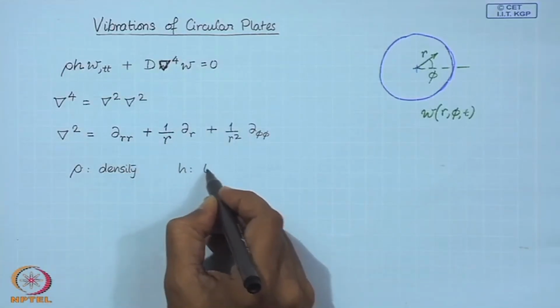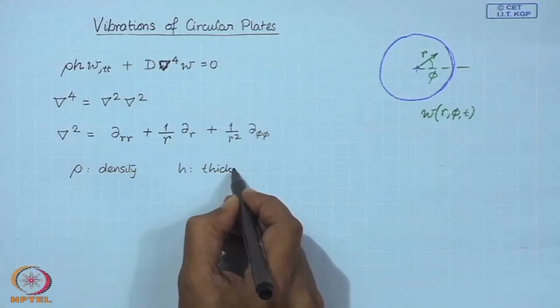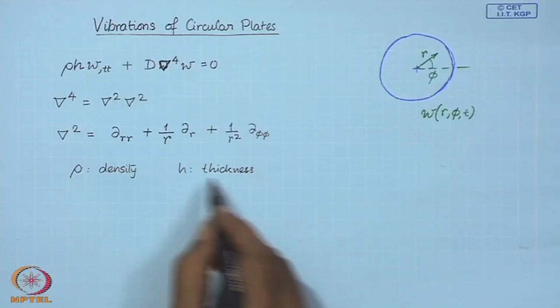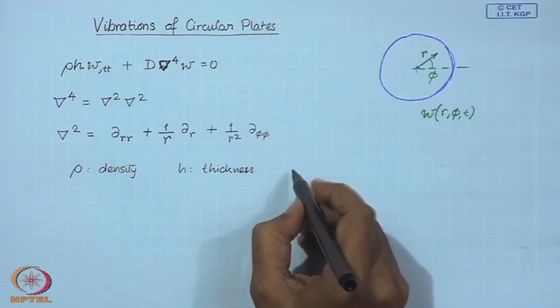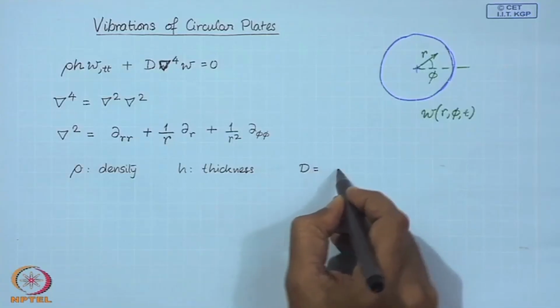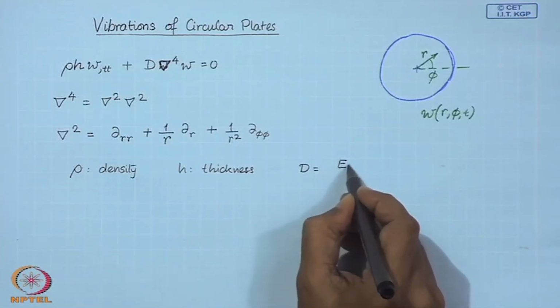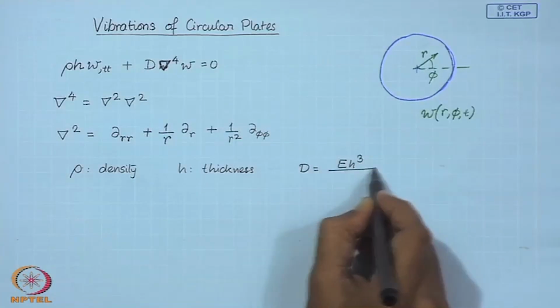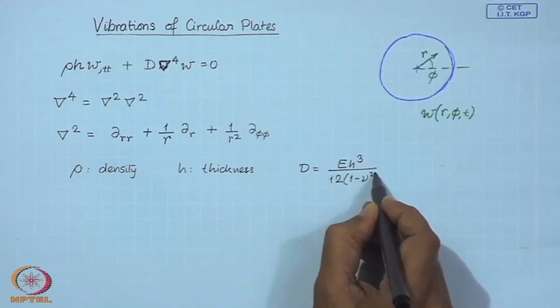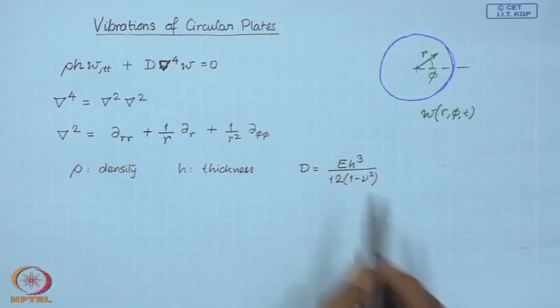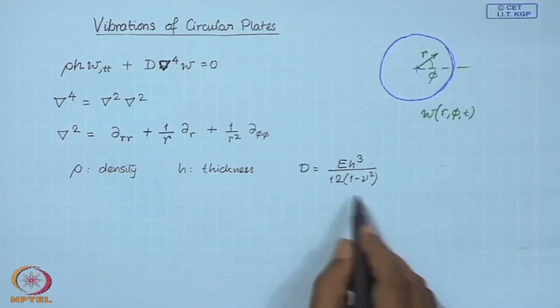h is the thickness, considered constant in this equation, and D is the flexural rigidity, where E is the Young's modulus and nu is the Poisson ratio.